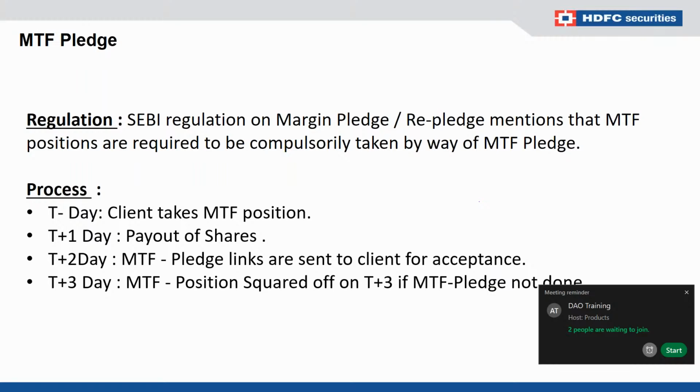So here customers need to ensure this link is sent by depositories and it needs to be pledged. In continuation of the same, if the pledge links are not sent to the customer, then customers can get in touch with our relationship managers or the customer care team. They would be glad to help you out with a generic link.